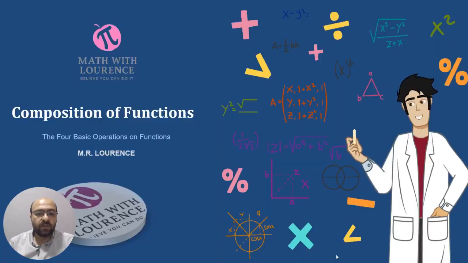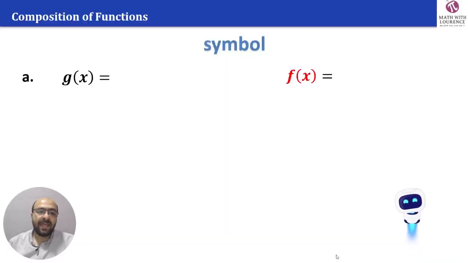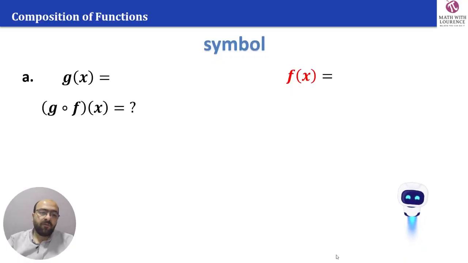First of all, let's talk about the symbol. g of x and f of x. If I have these two functions and I want to combine them, I write g of f. What does g of f mean? It means I want to composite, or combine, them.